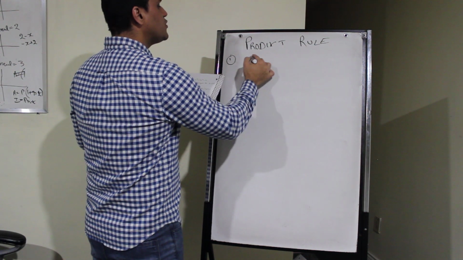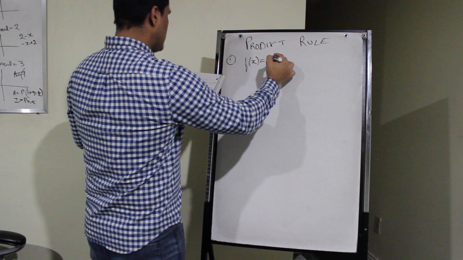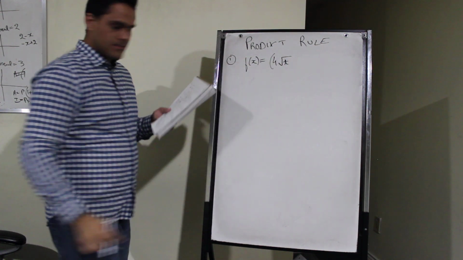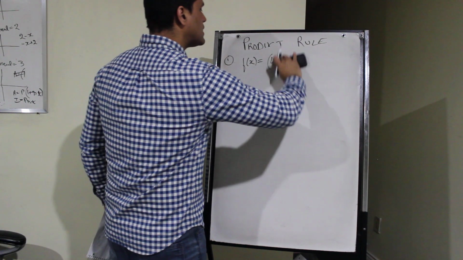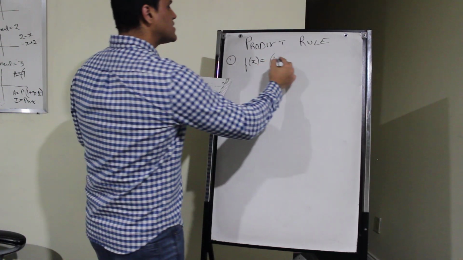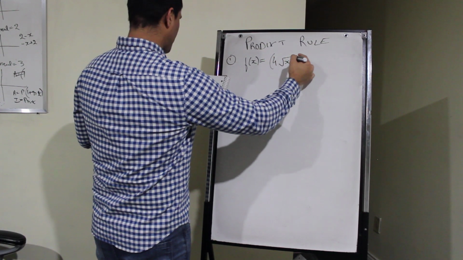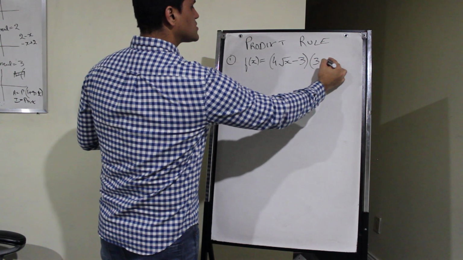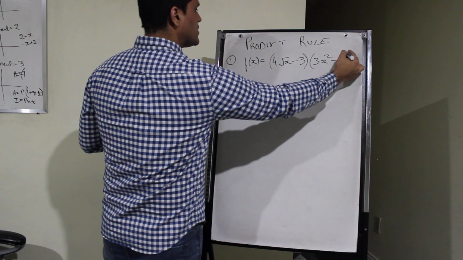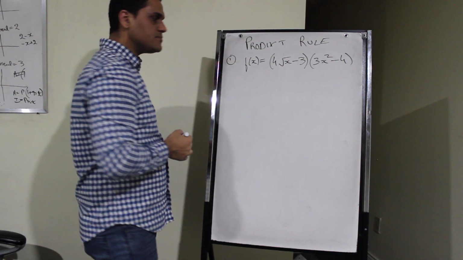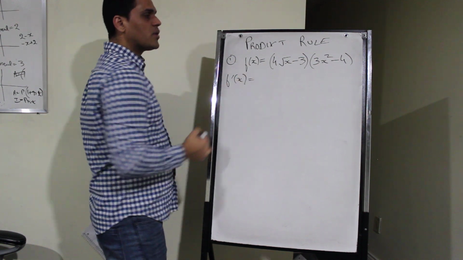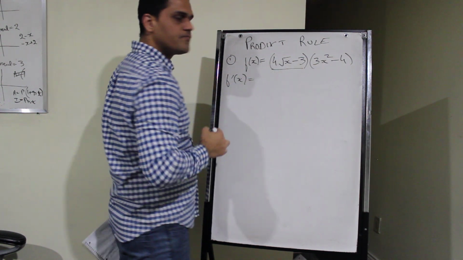So let's do a few more examples. F of x is 4 square root of x minus 3 times 3x squared minus 4. If I ask you to get the derivative, we're going to have to take the derivative of the first term.